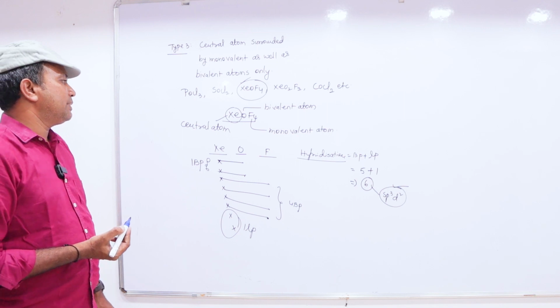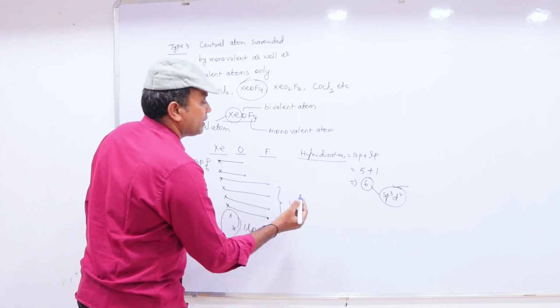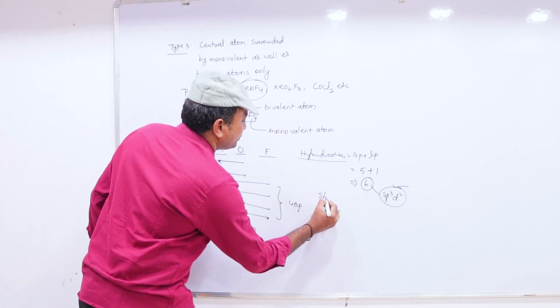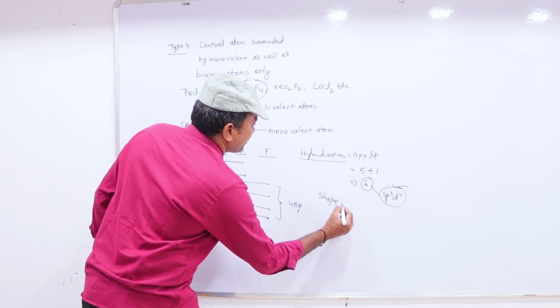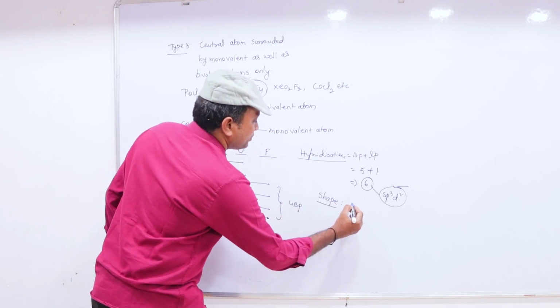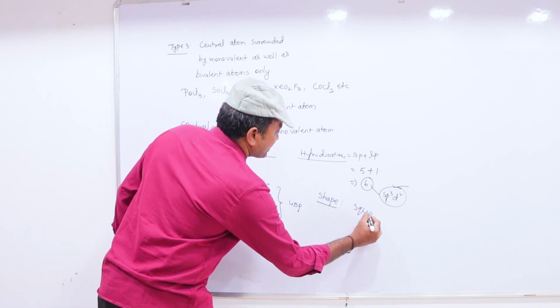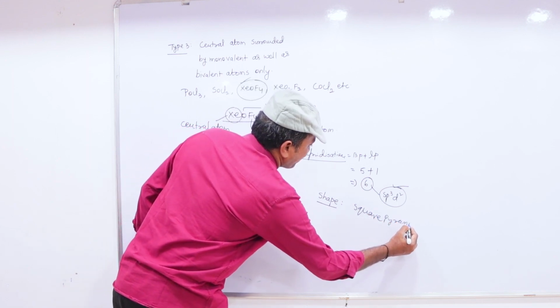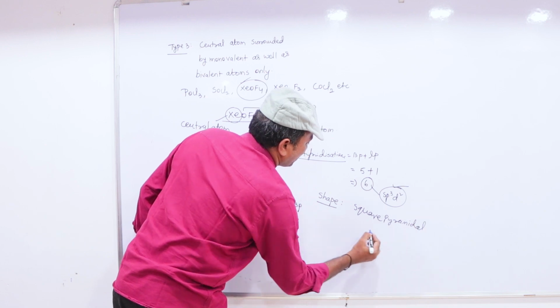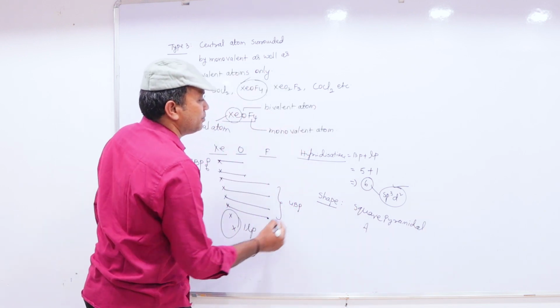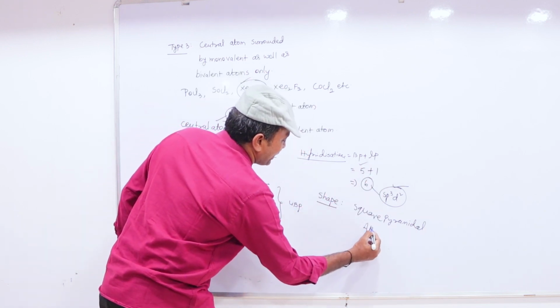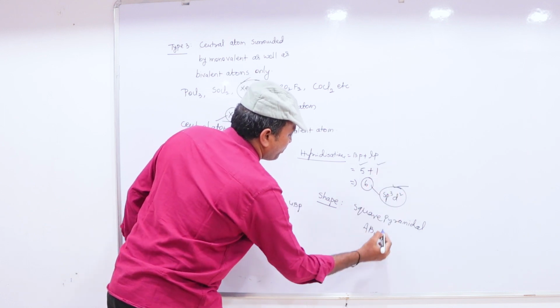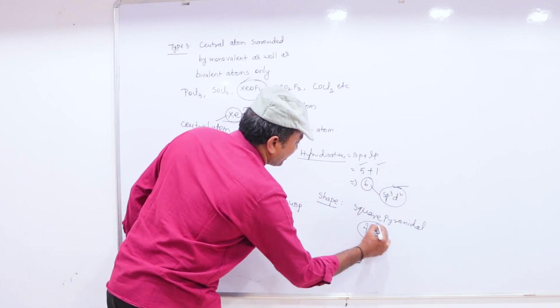And the next one, the shape, is square pyramidal. Type of the compound: A is the central atom, 5 bond pairs AB5, 1 lone pair AB5E.